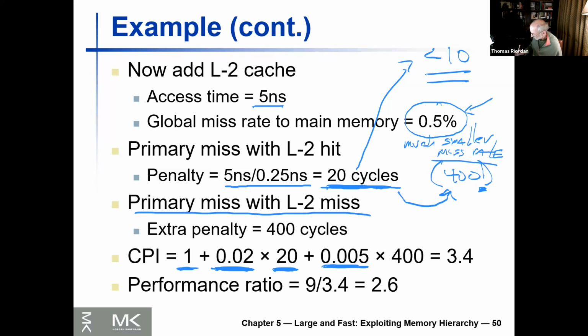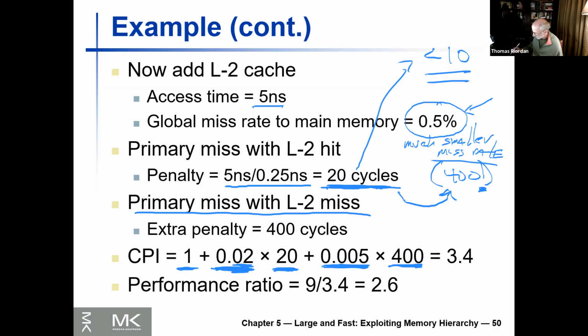out of the L2. And so here you see the magic trick that we're playing. There's always magic going on. Here's the magic going on here. We're taking this ginormous number 400, and now instead of multiplying it by 0.02, which we did on the previous slide, we're now multiplying it by 0.005.